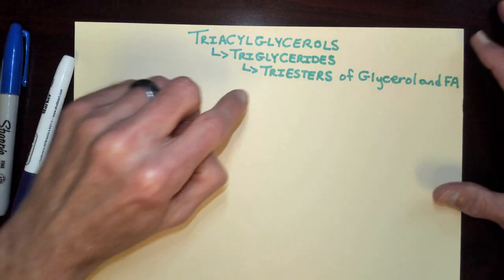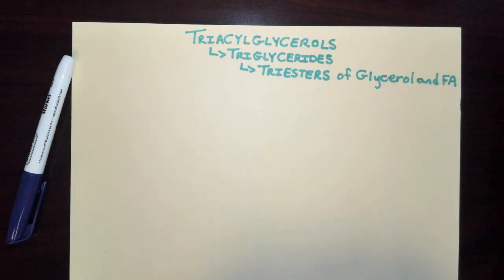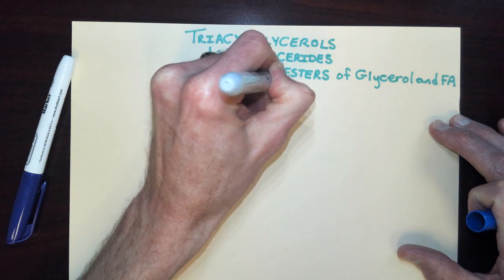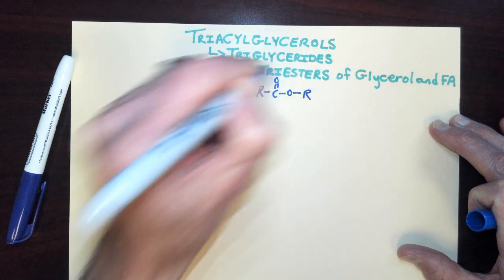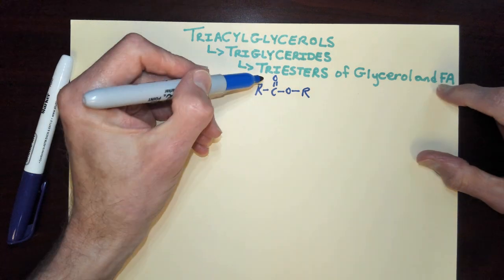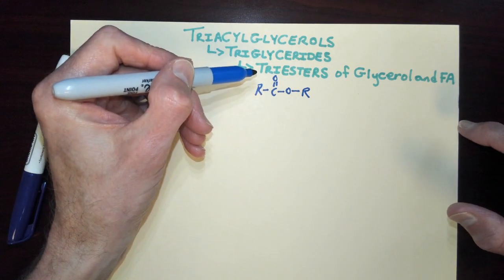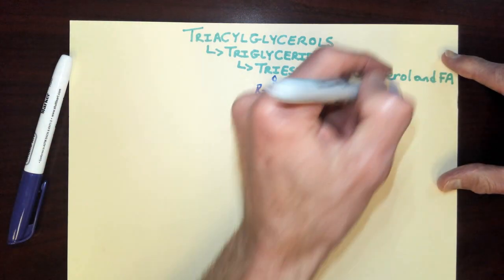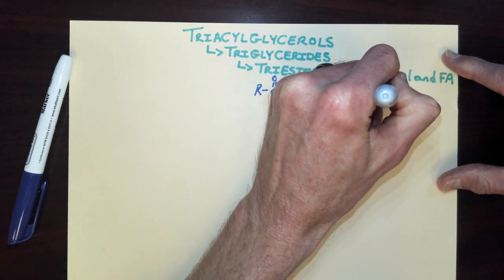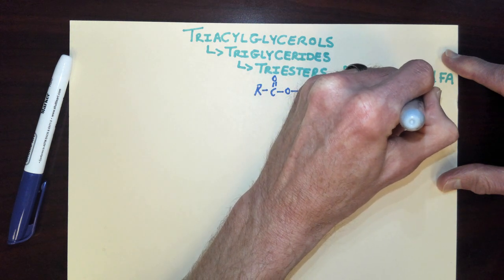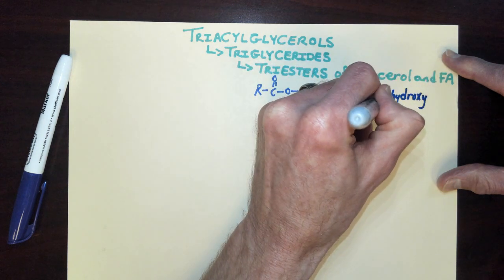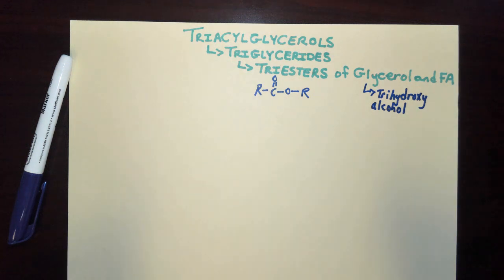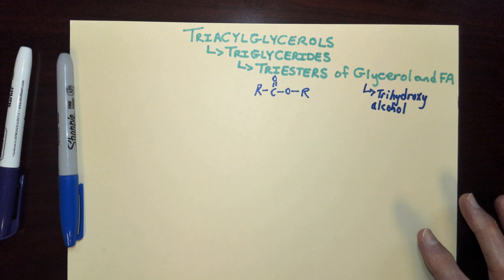Triglycerides are triesters, and again, remember, ester, got the R, C double bonded O. So we've got triesters, so we have 3 esters put together, and it's derived from the glycerol, which is a trihydroxy alcohol, and fatty acids. Let me show you a little scheme of it here.